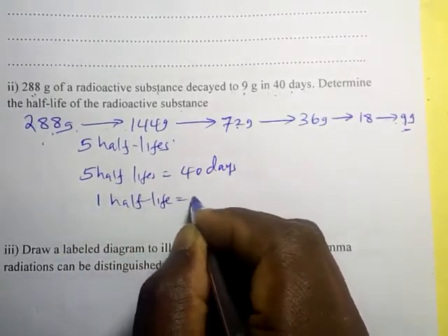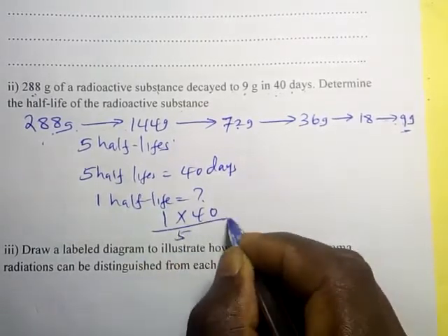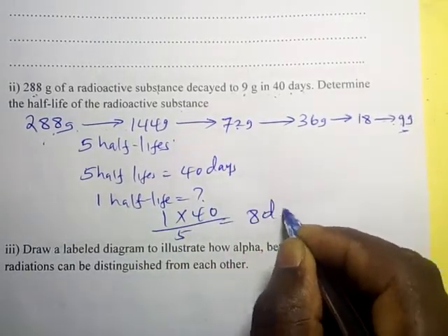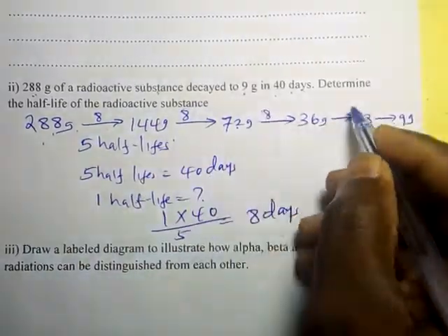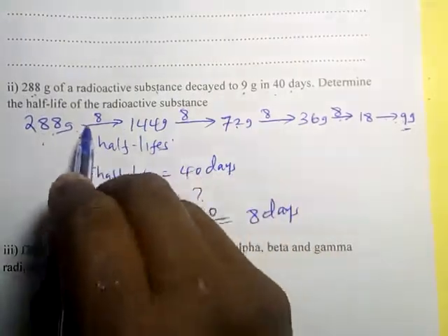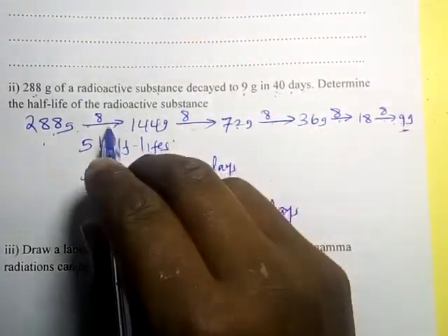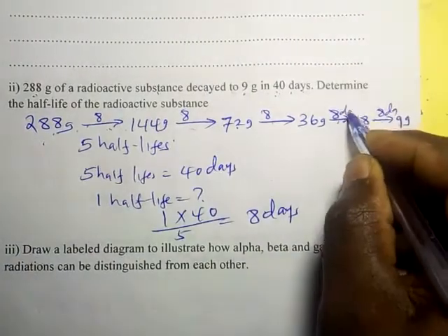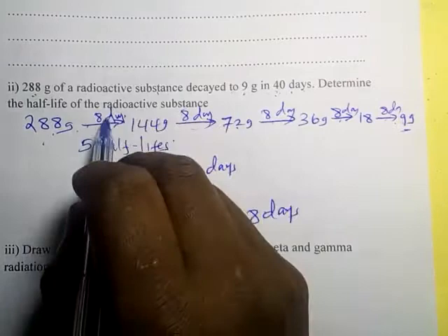It is 40 divided by 5, and this will give you 8 days. Check: 8 times 5 is 40. So 1 half-life is 8 days.